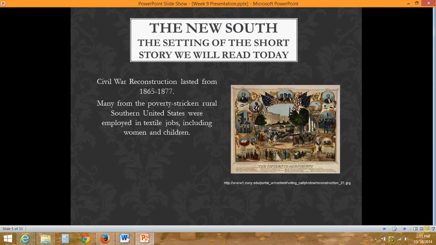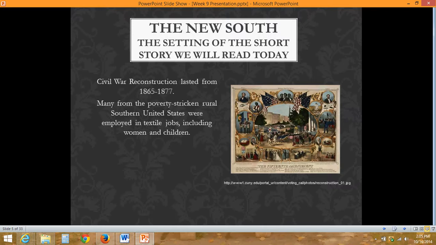So you have a lot of poverty-stricken people in the rural South, and those people often would find jobs in textiles, and that would include women and children. This is before any legislation had been done against child labor, and you have basically a ruined economy in the South after the Civil War.